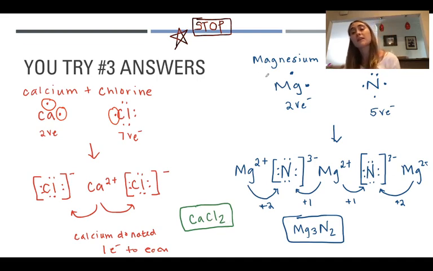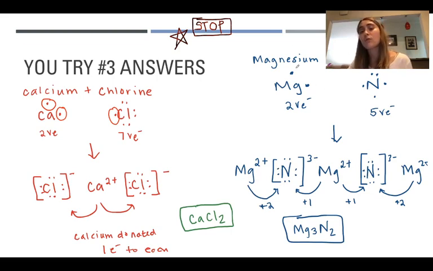Now magnesium and nitrogen may have been a little bit more of a challenge for you. Magnesium had 2 valence electrons and nitrogen had 5 valence electrons. So this one was probably the most challenging one we've seen yet. In order to get everything balanced out together, you needed 3 magnesiums. Each magnesium had 2 to give.